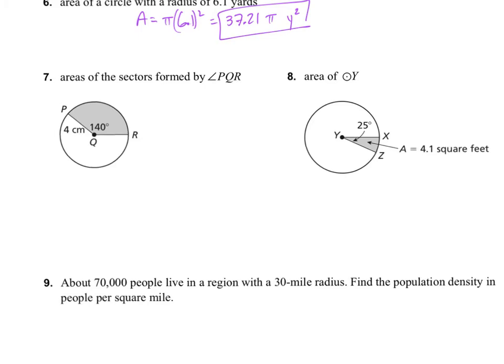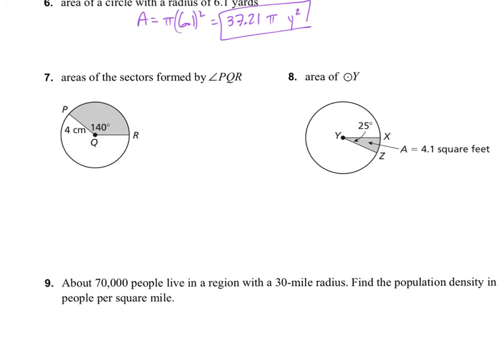Number 7 is the area of the sector, and here is the sector, from P to Q to R, and it's 140 degrees, and we have a radius of 4. So remember, we want the part over the whole. We know the whole all the way around is 360, so we want 140 out of 360 times pi times the radius squared.